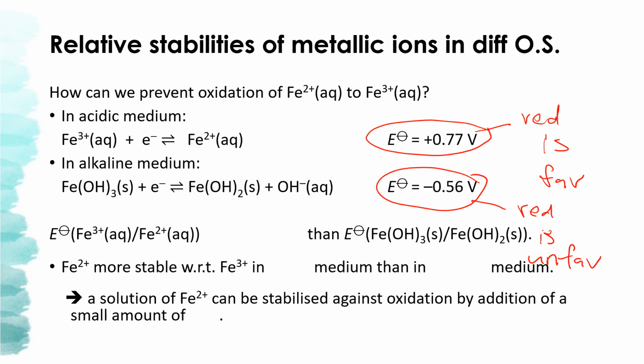Can we fill in the blanks in this sentence? Fe2+ is more stable with respect to Fe3+ in acidic medium, then in alkaline medium. Because +0.77 means that the reduction of Fe3+ to Fe2+ in acidic medium is favorable. But if you use an alkaline medium, it becomes negative.